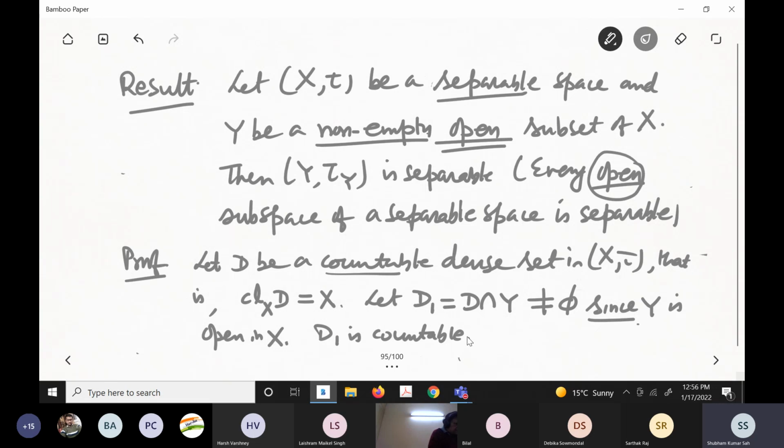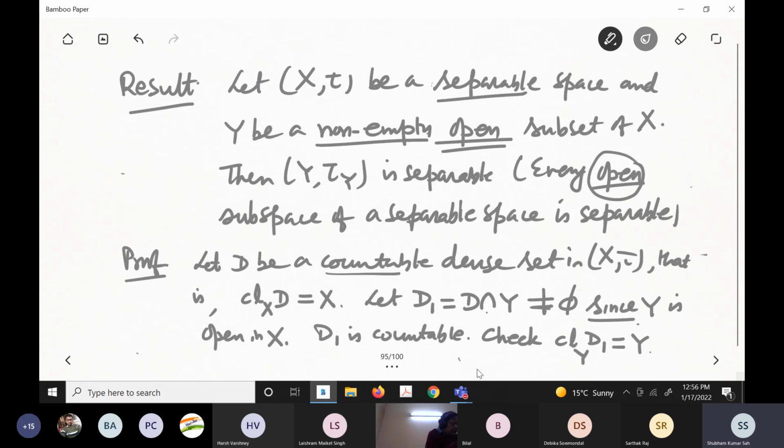Okay. All you need to check is that D1 is a subset of Y and is non-empty, and the closure of D1 in Y is Y. So it will be separable. This you will have to check.